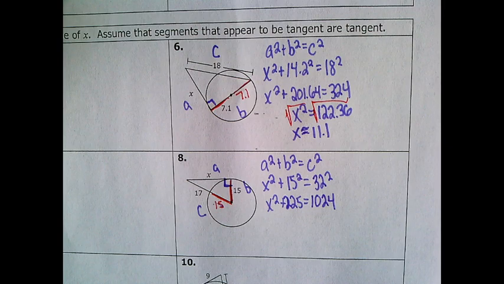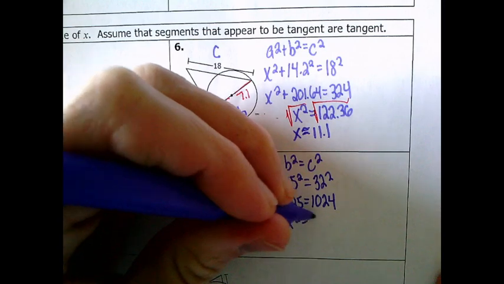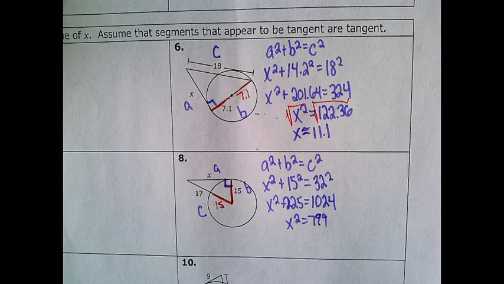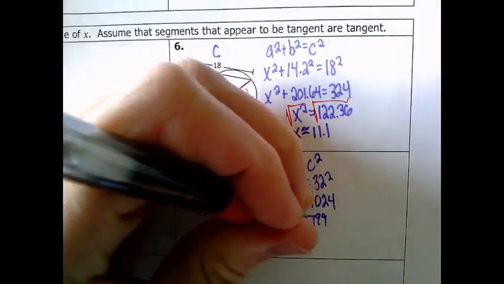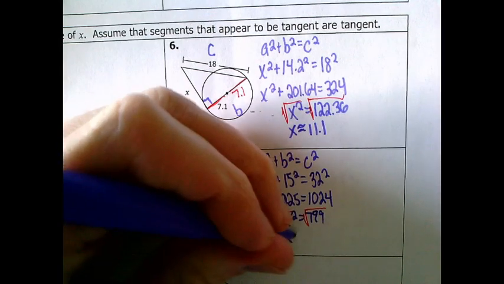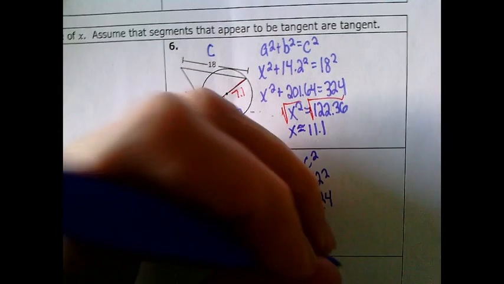I'm going to subtract 225 from both sides. That gives me 799. I don't want x squared, I want x. So we're going to square root that. And x is approximately 28.3.